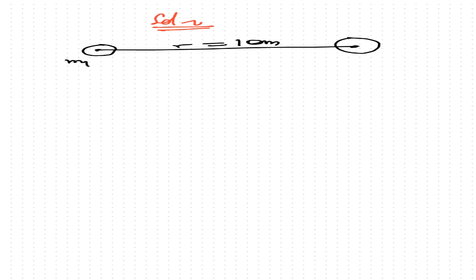One of the masses is 4 and one is 7.5. They are 10 meters apart. So we are given M1 to be 4 kilograms and M2 to be 7.5.